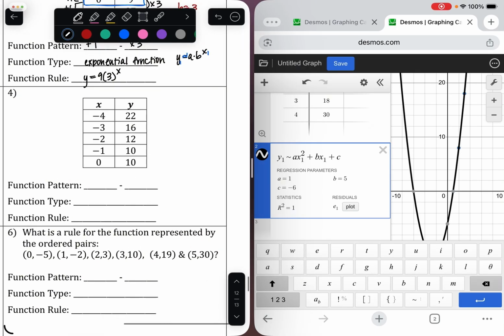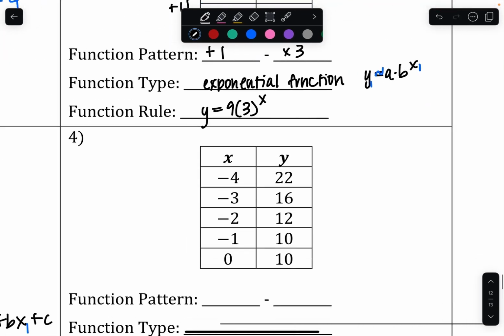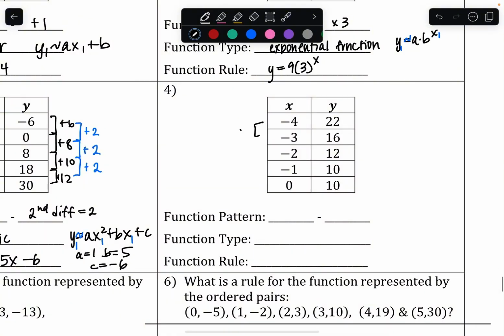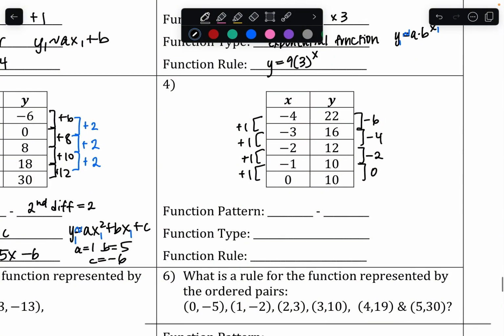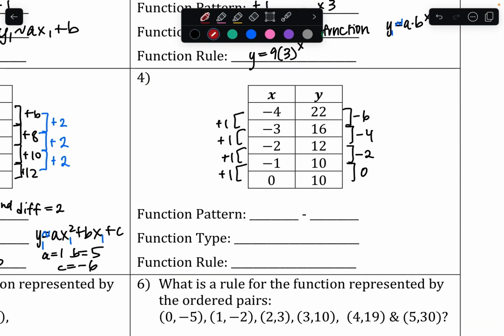Okay, looking at number 4, my x's are going up by 1. And my y's, from 22 to 16, that's subtracting 6, subtracting 4, subtracting 2, subtracting 0. Okay, and so obviously not adding a constant number, but if we go to our second differences, the difference of the differences, we added 2 to get from -6 to -4.